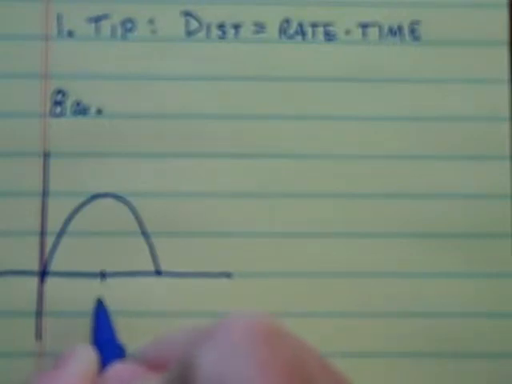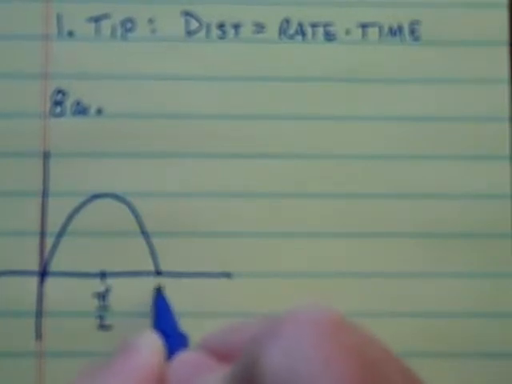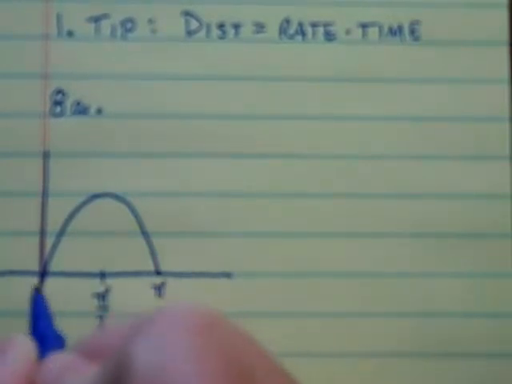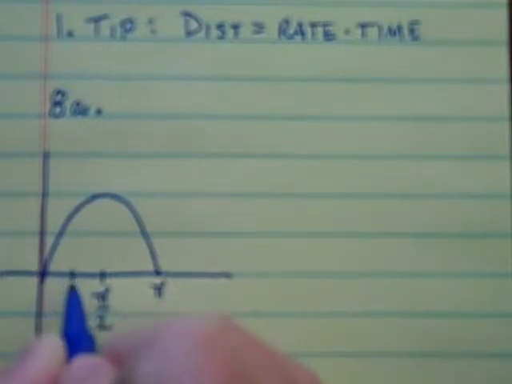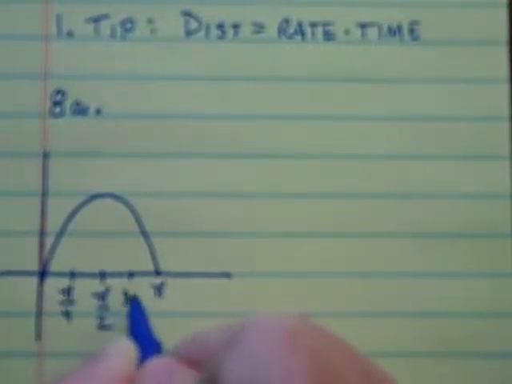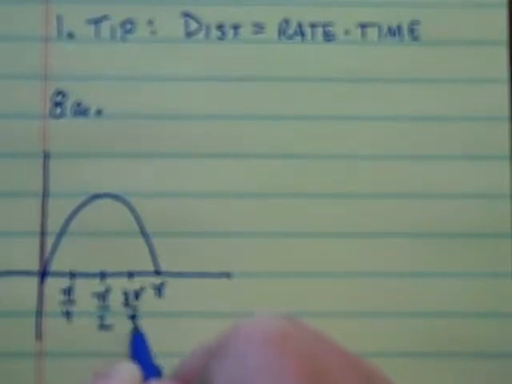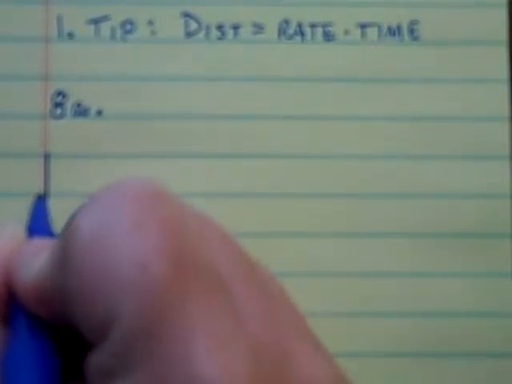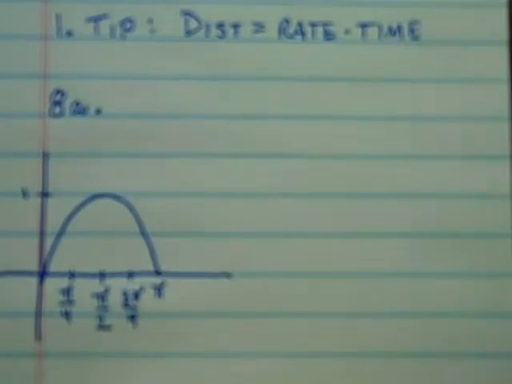The halfway point is going to be pi over 2. Right here we have pi. And then this whole thing is divided into 4 equal parts. This is pi over 4 and 3 pi over 4. Our maximum has a y value of 1.